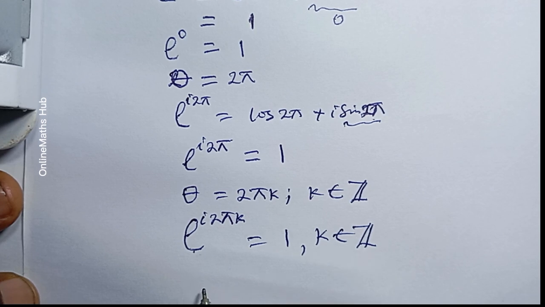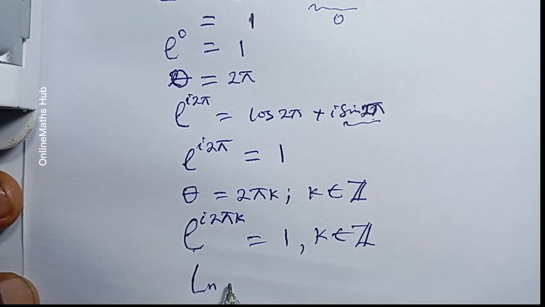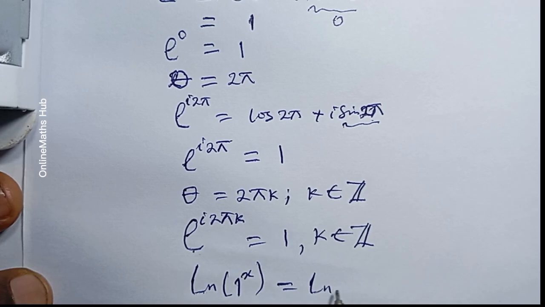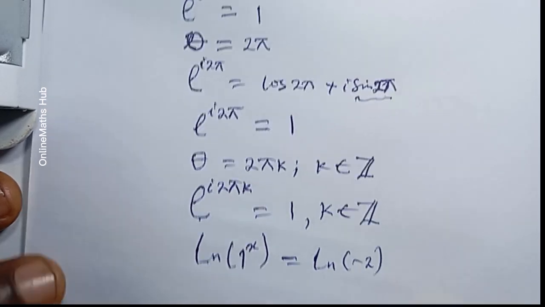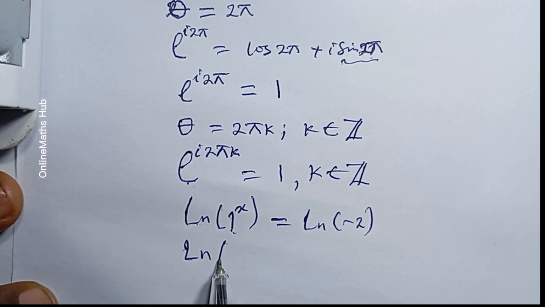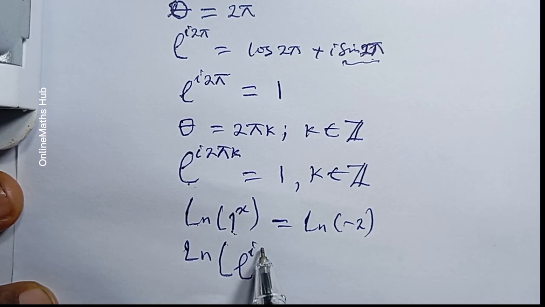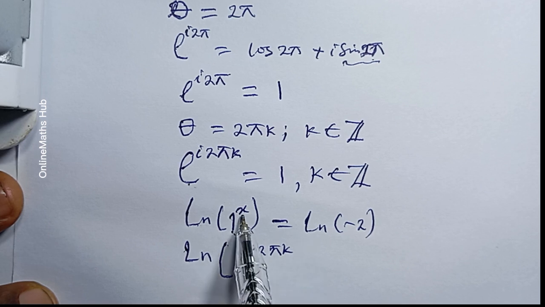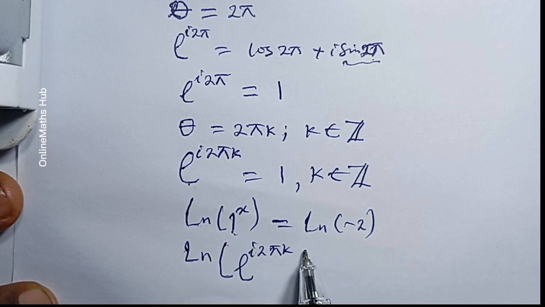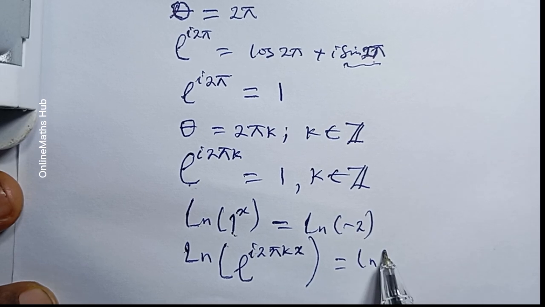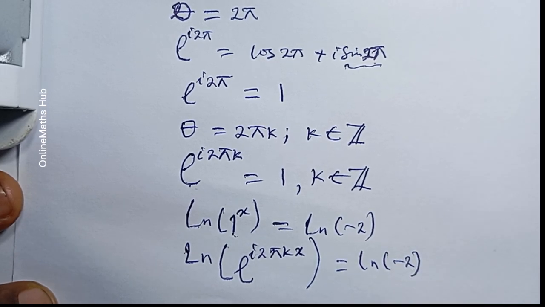So in this place where we have the natural log of 1 power x equal to the natural log of negative 2, I'm going to replace this 1 so that I have the natural log of exponential i 2 pi k, and I'm going to use this x to also multiply this power, so I have x right here equal to the natural log of negative 2.